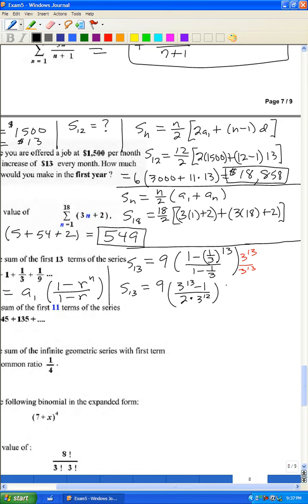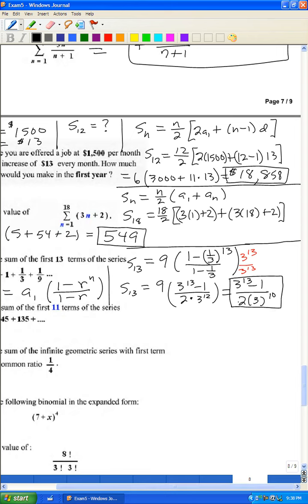So those are going to cancel. So you're going to get 3 to the 13 minus 1 over 2 times 3 to the 10. 3 squared is 9. And so that's your answer.